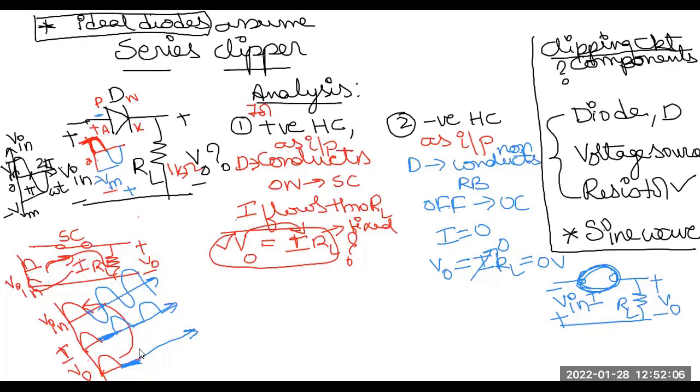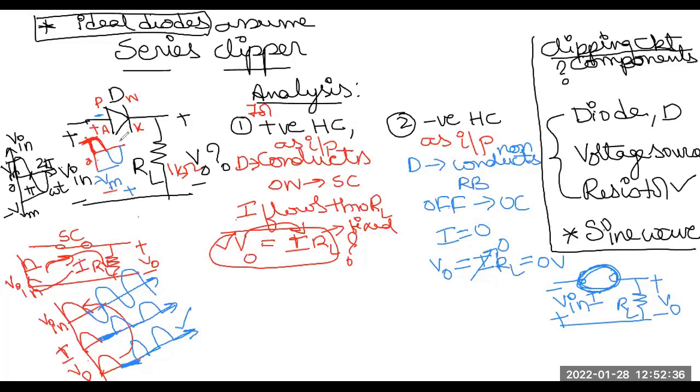Wherever I is there, you see that current flows. So again I find positive half cycle, 0, positive half cycle, and this continues. My input is having both the half cycles, whereas the output has only the positive half cycles. And what is being clipped here? Negative half cycle.